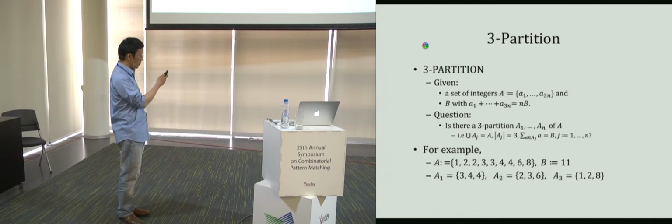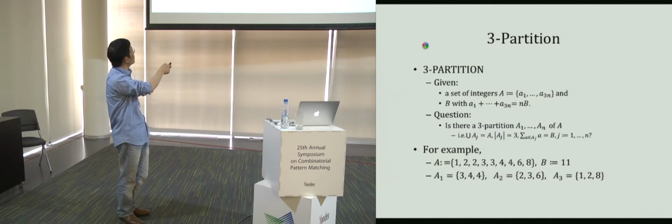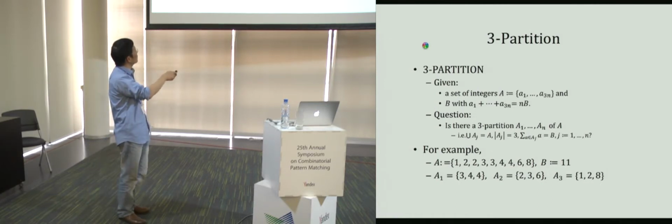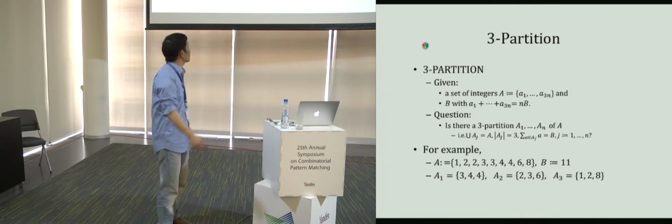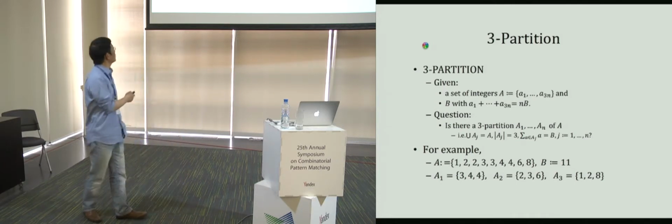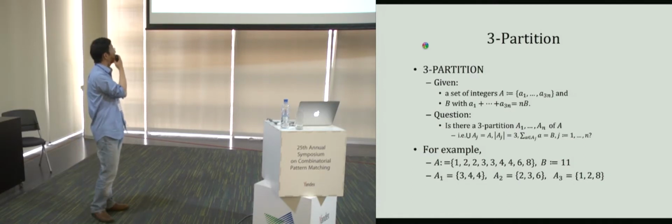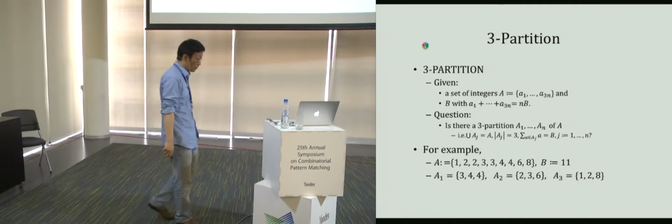So the total sum of all these integers is nb. We partition them into subsets such that each subset admits a sum b. This is a very classic NP-complete problem. You can see an example here.